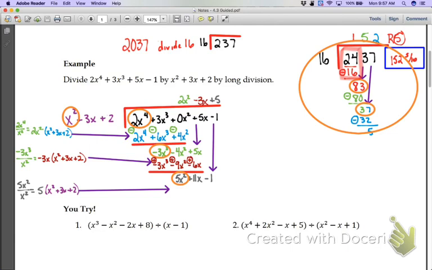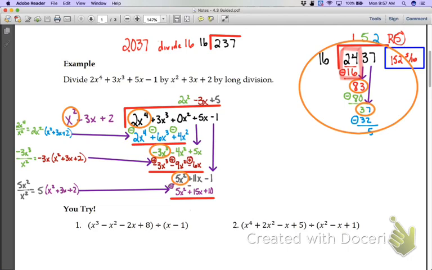So 5 times x squared is going to be 5x squared. 5 times 3x is going to be plus 15x. 5 times 2, positive 10. Before we bring everything down, what do I need to do with that bottom row?